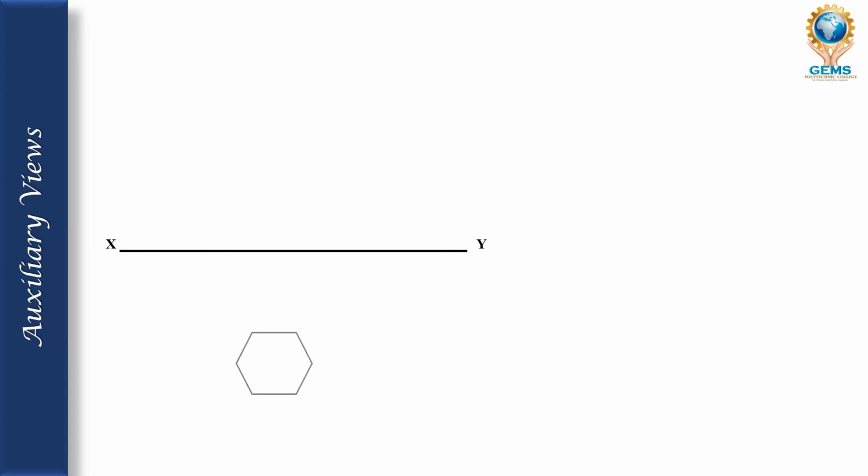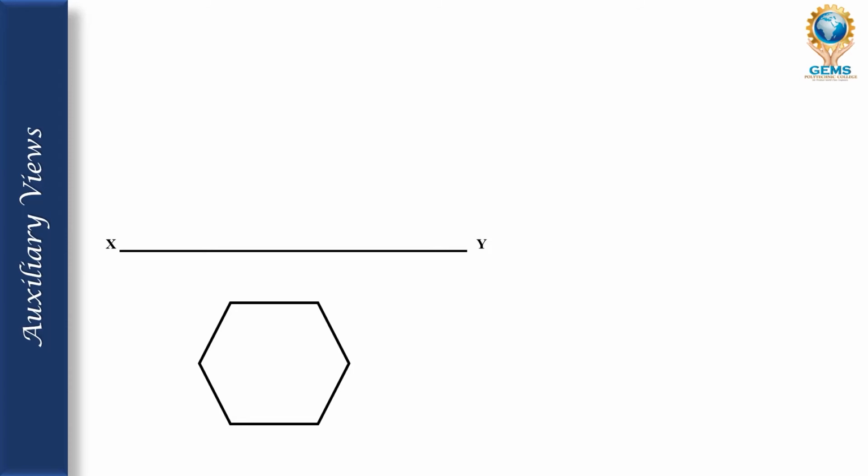Next, draw a hexagonal. I can't explain to mechanical engineering students how to draw the hexagonal; all of you know already. If you don't, go to YouTube and type how to draw hexagonal, and you'll get a video and can see it. The base must be 20 mm.